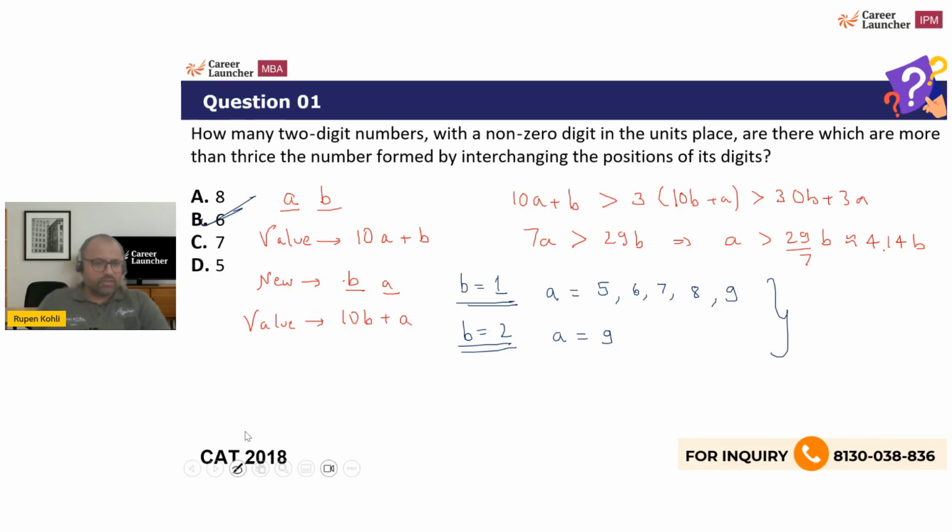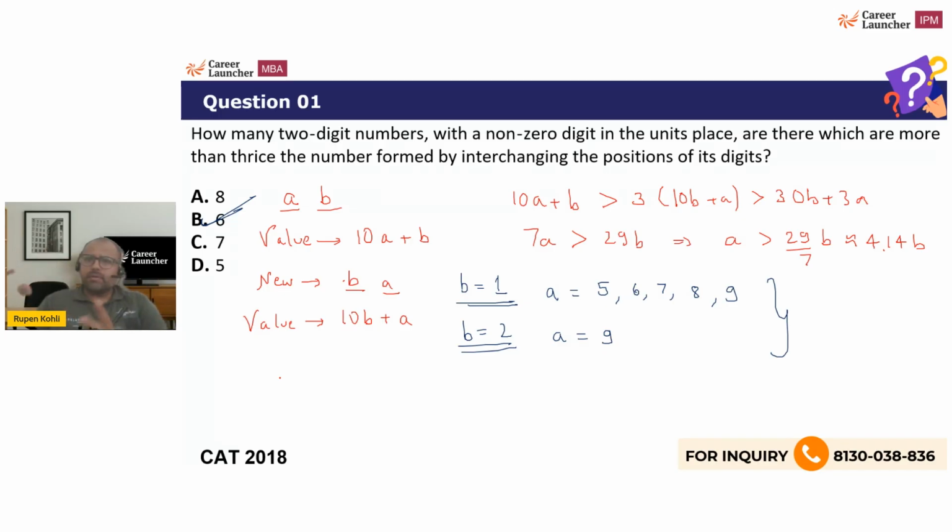So this was the first question that we looked at, right? The basic concept that was tested was this: when we take the digits of a number as variables, how does its value get defined? So a two-digit number AB is actually 10A plus B in value.